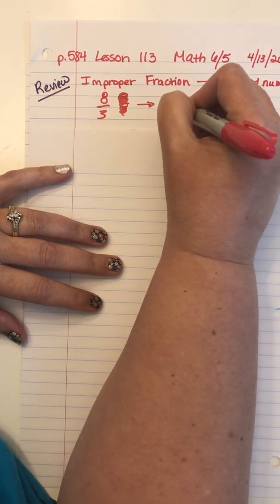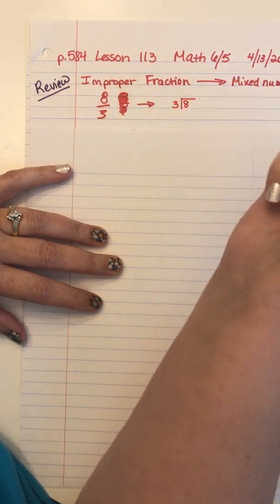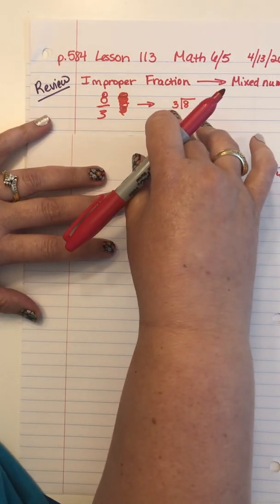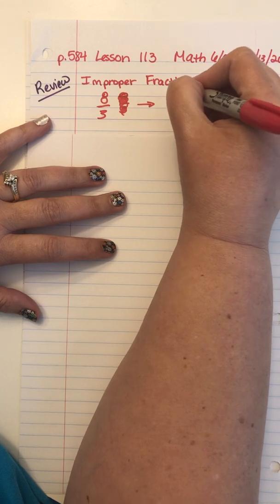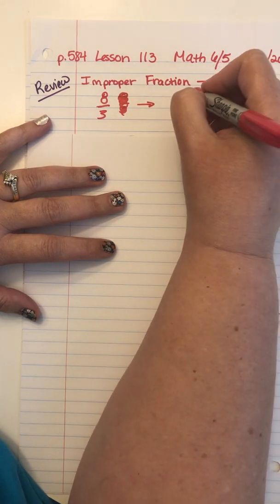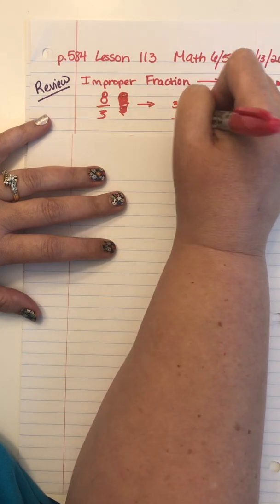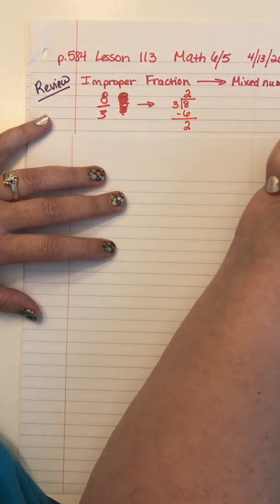So 8 divided by 3. We set it up as a division problem. 8 divided by 3, the closest we can get without going over would be 2. 2 times 3 is 6. Our next step is to subtract. 8 minus 6 is 2.